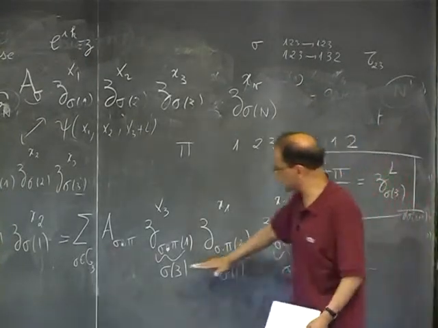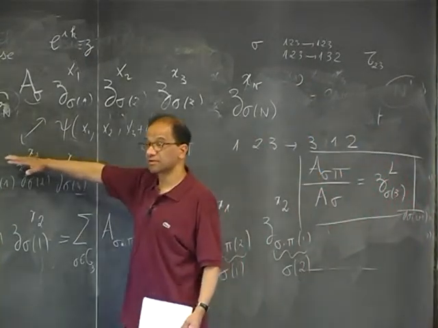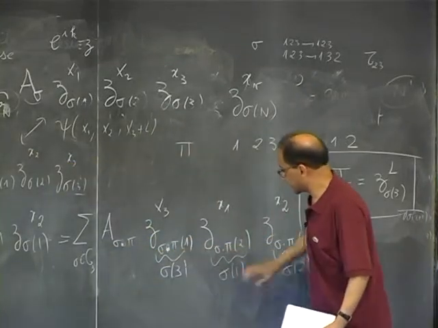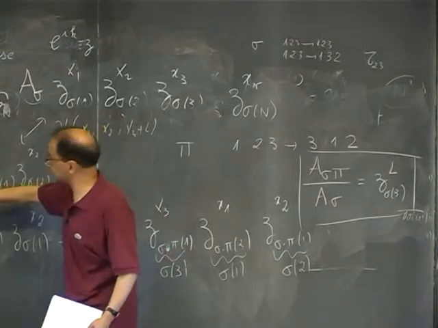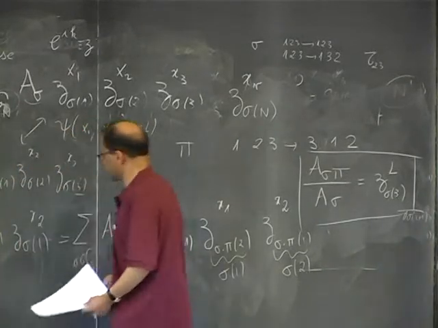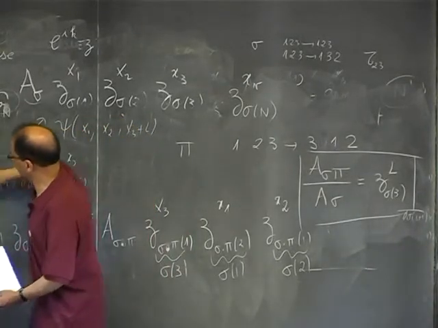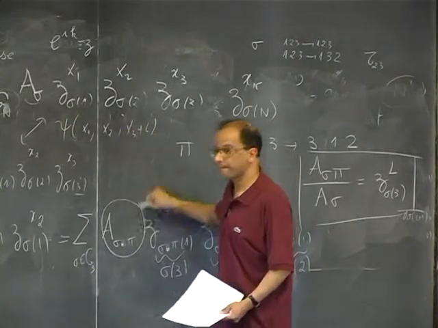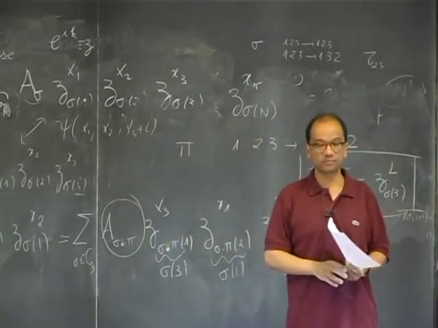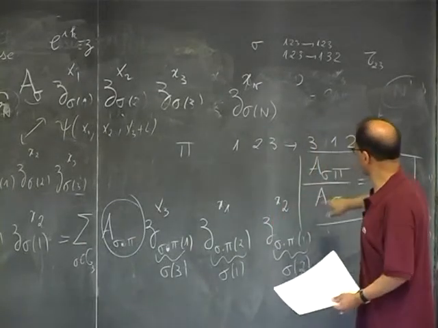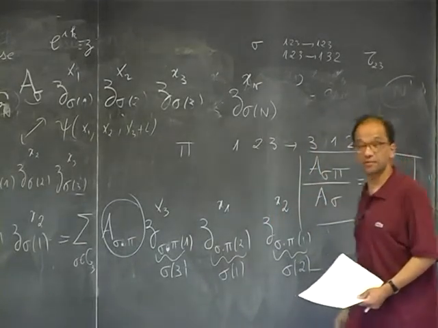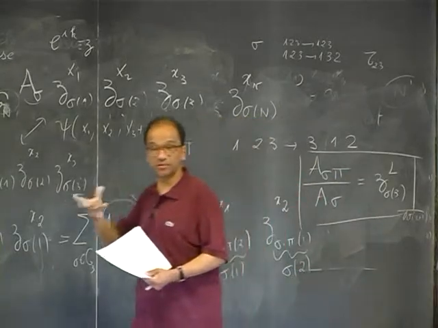Because you see now the identification is automatic. By doing this trick, I have written the things exactly in the same way. And because it's independent, this one times this one has to be equal to this one. Okay? So this gives me one more equation, one more ratio.